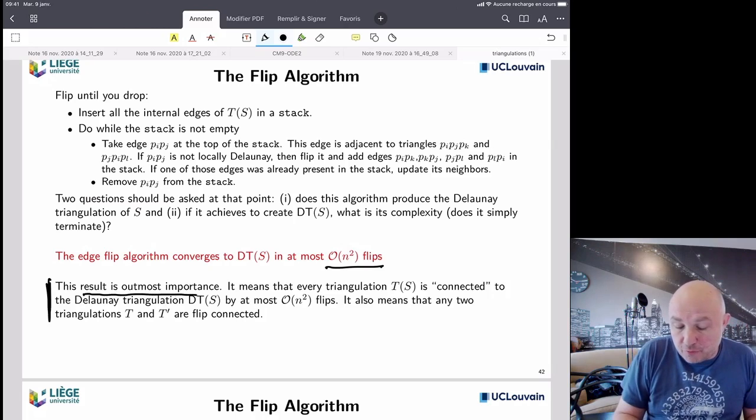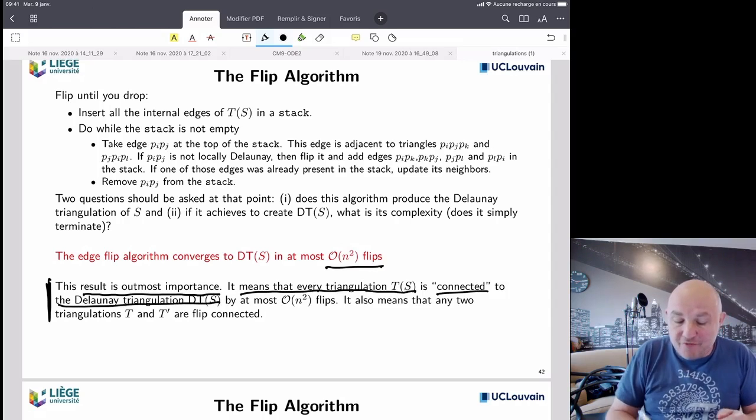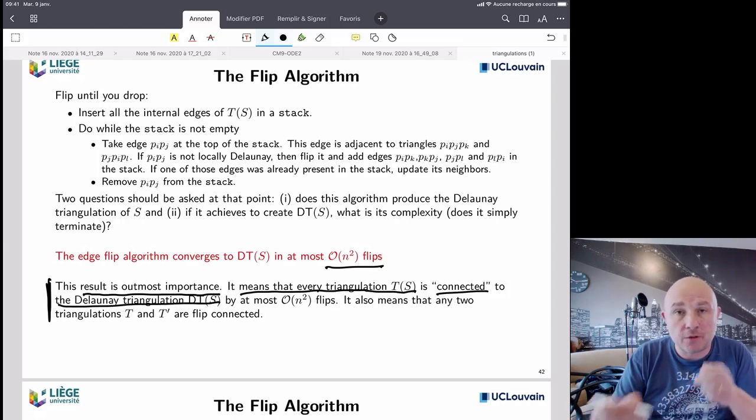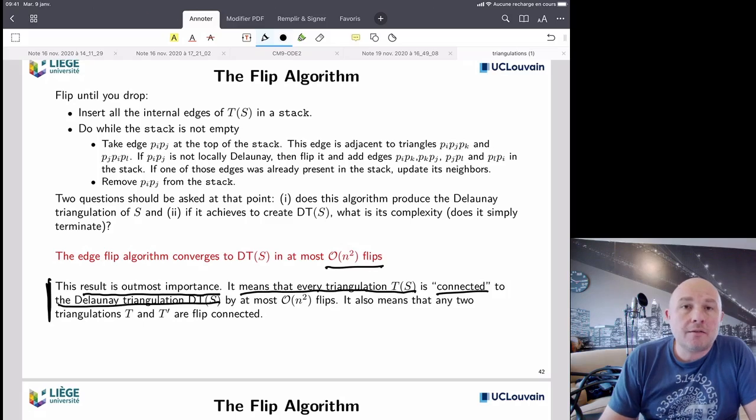The reason is of utmost importance. It means that every triangulation is connected to the Delaunay triangulation. So every triangulation is flip connected. That's what I told you. One little remark here: the bad part of the flip algorithm is not only that it's inefficient.